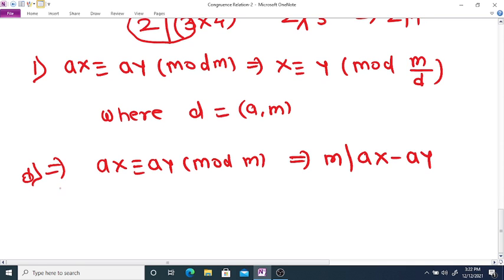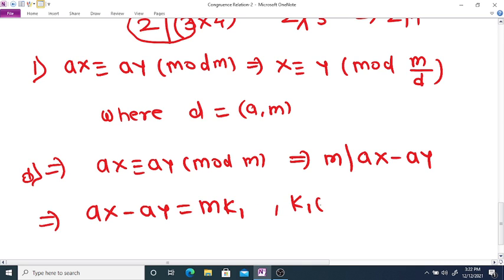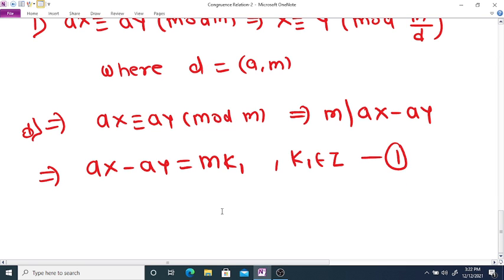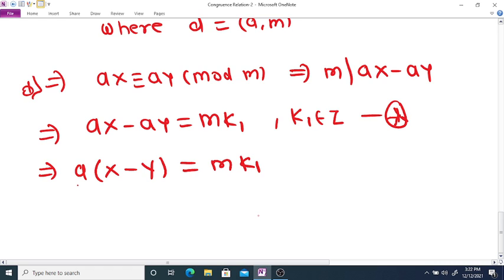From this we can write Ax minus Ay is equal to m k1 for some integer k1. Say this is equation number 1. Or if we simplify, we can write A times the bracket x minus y is equal to m times k1.